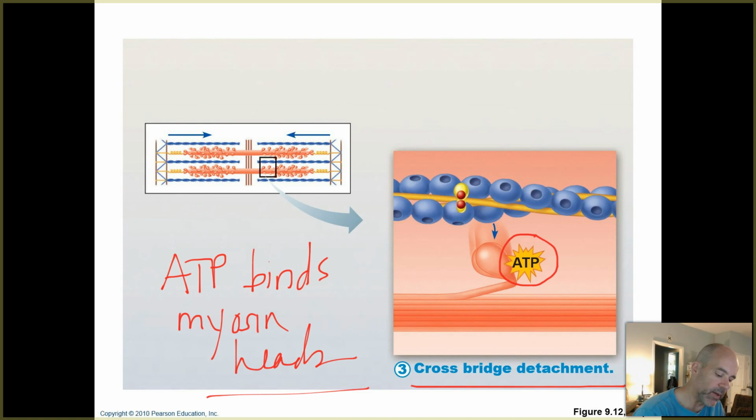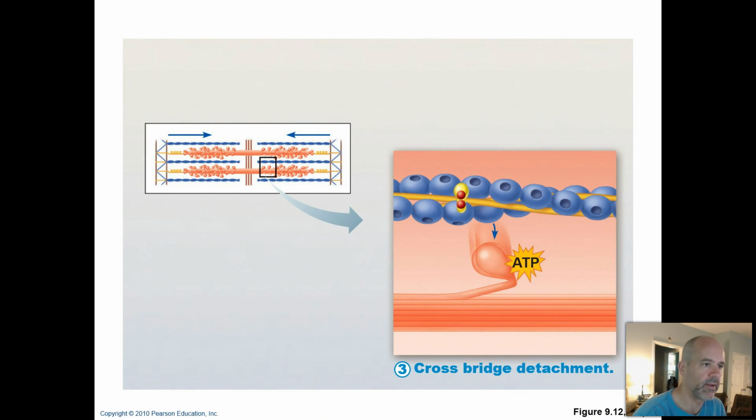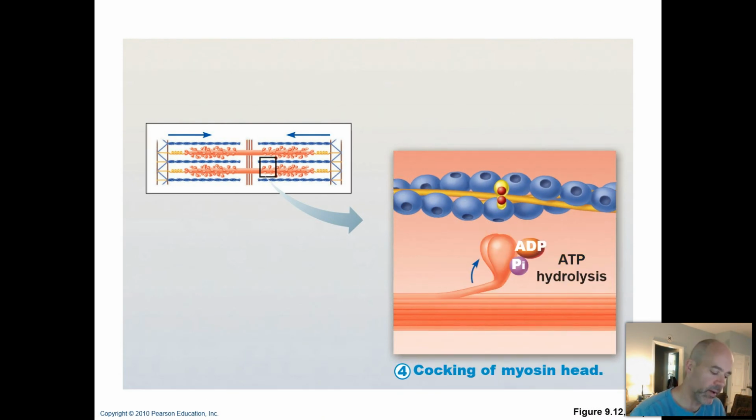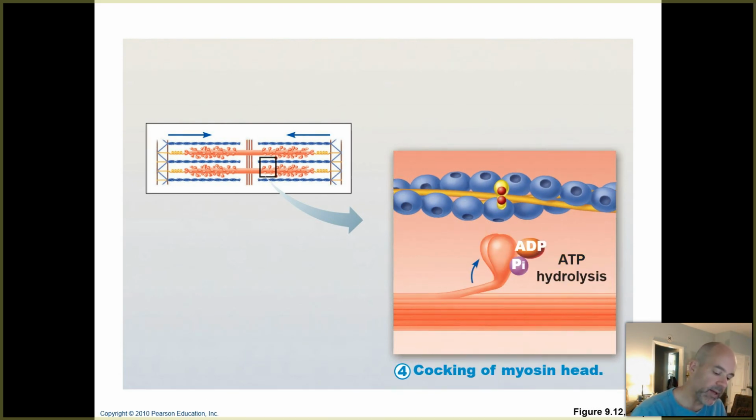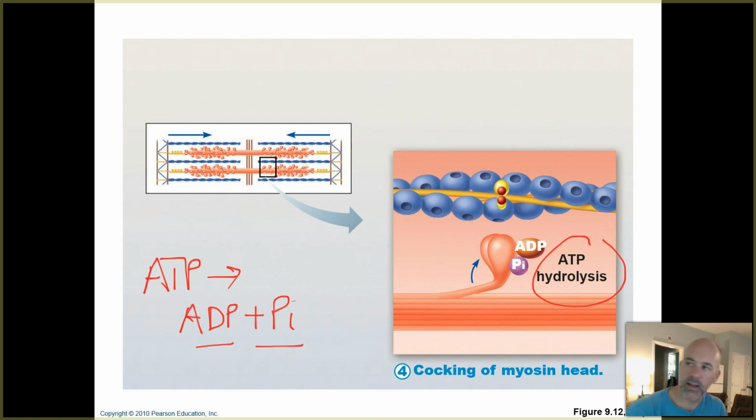You've got to have ATP molecules doing that, and that makes the myosin head detach. All right, and then continuing our story over here. Now we have ATP hydrolysis. Okay, and ATP hydrolysis is just where we go from ATP. We split that molecule into two smaller ones, ADP and inorganic phosphate.